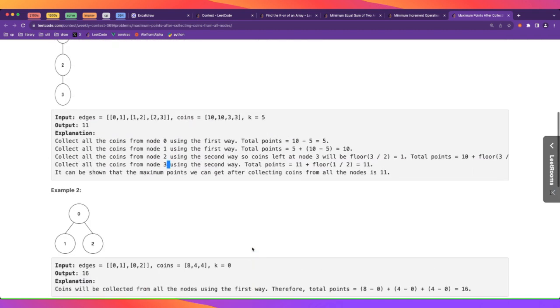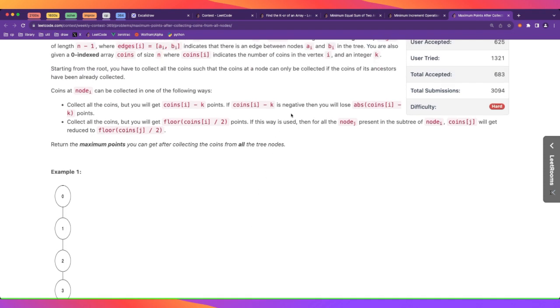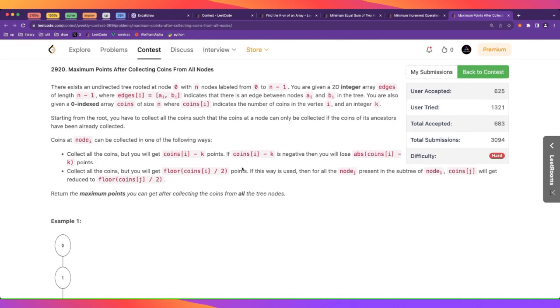The catch here is that you need to remember how many times you used the second way in all the ancestors up to the current node, and that is potentially a big number, right?